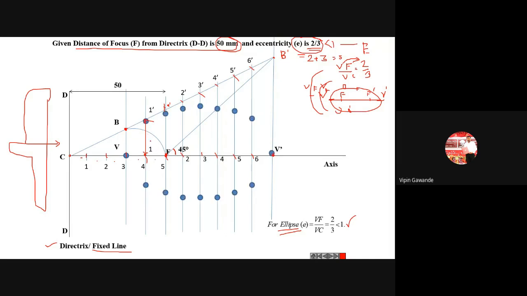So you cut this line here and here, okay. From F you cut the line above and below the axis.